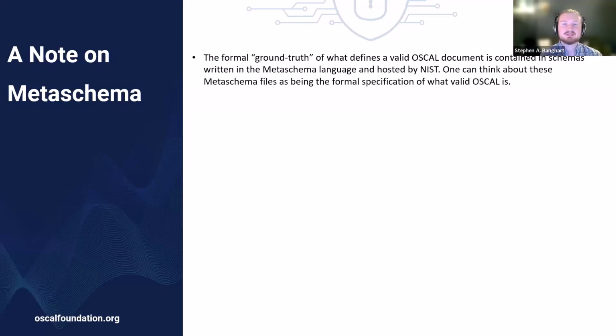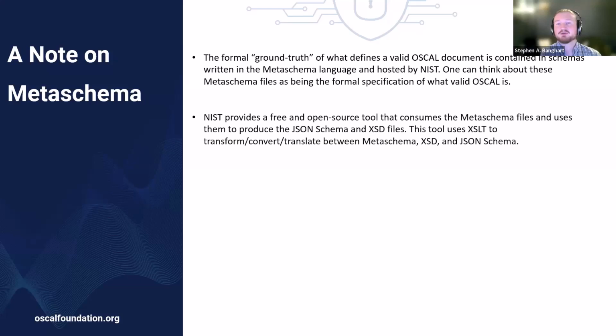It defines what an OSCAL document really is. Those XML schemas and JSON schemas are produced for convenience and for rapid development. But the truth, the specification, if you will, of what makes an OSCAL document that particular document is contained in this metaschema file. If you haven't heard of metaschema, I wouldn't blame you.